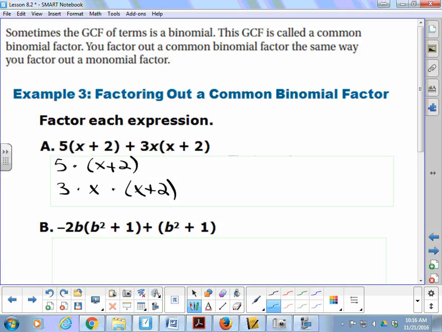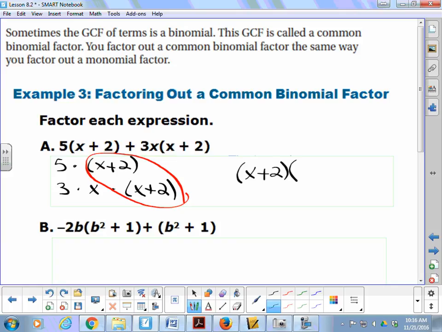So, what do they have in common? They have x plus 2 in common. So this is my greatest common factor. So we have x plus 2. It's going to be a binomial that goes out front, not just a monomial.